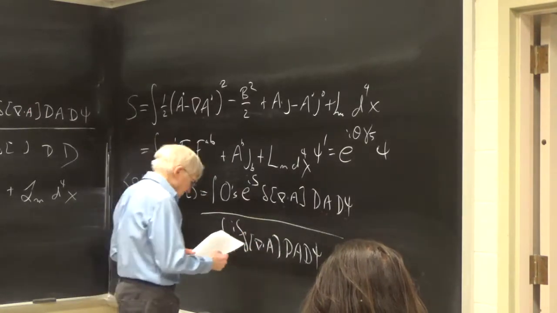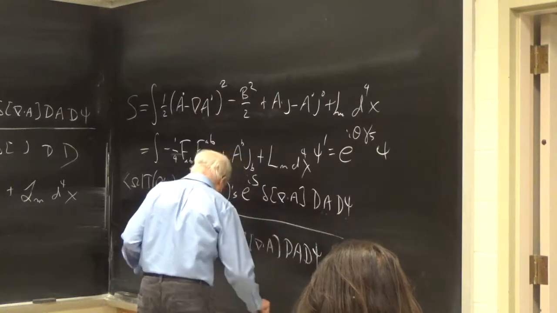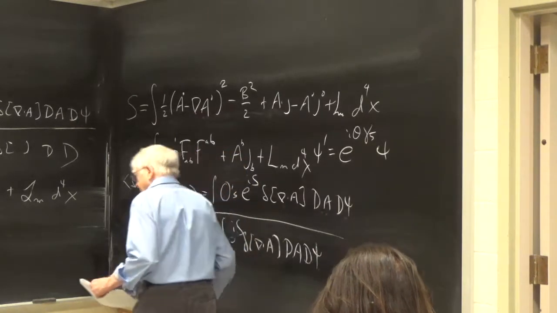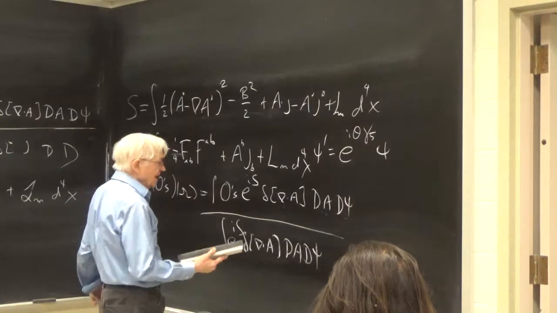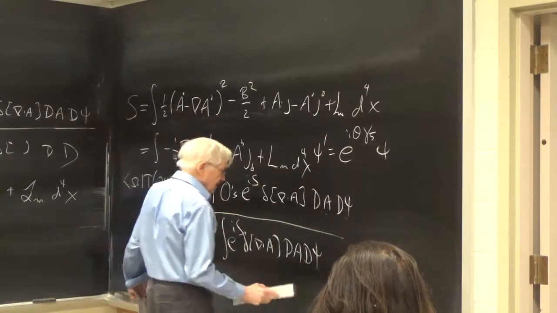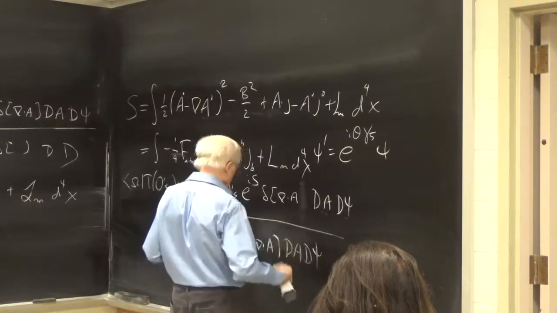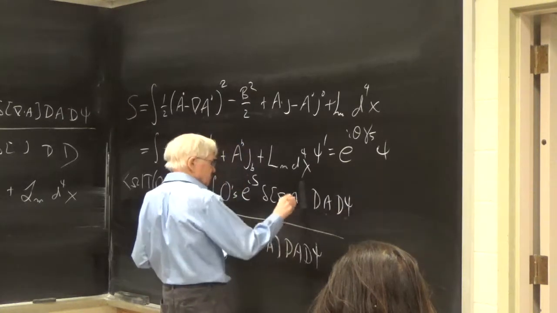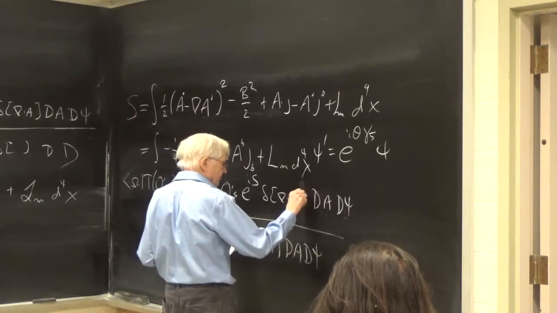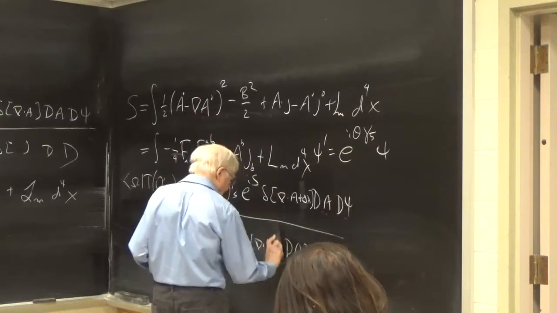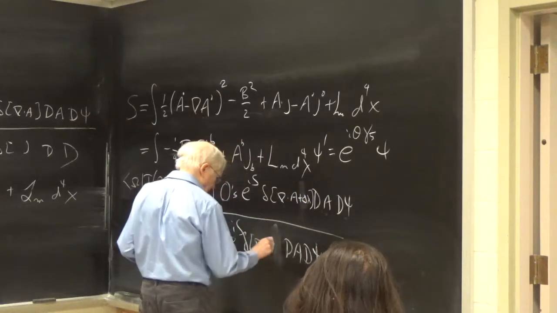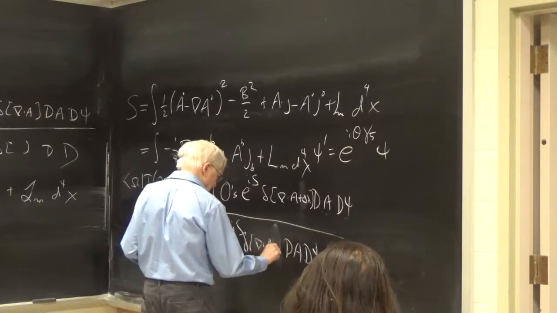So if we make a gauge transformation, this just acquires an extra term, and this one also acquires an extra term.